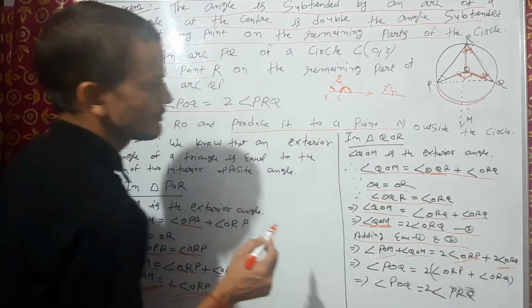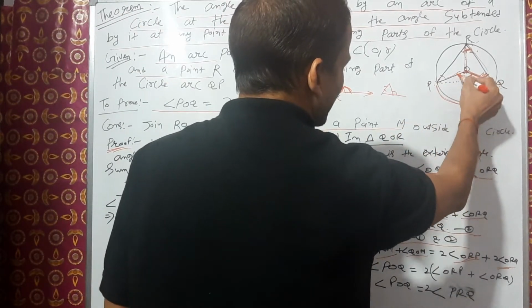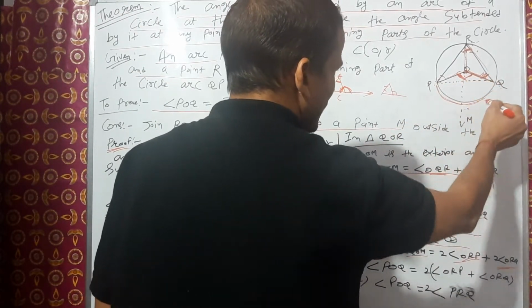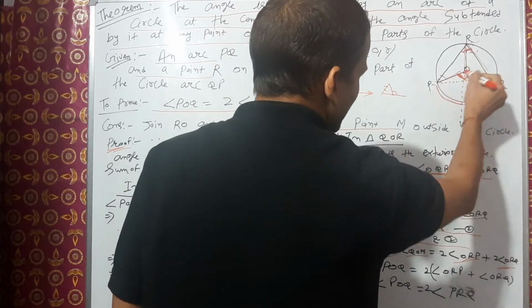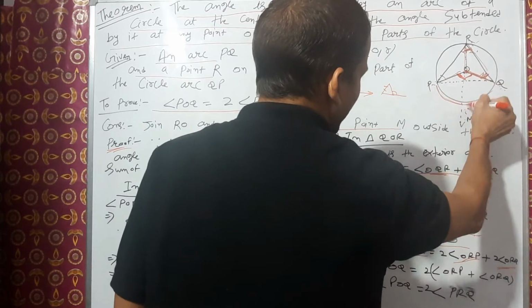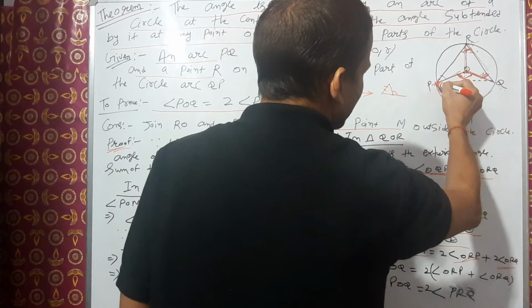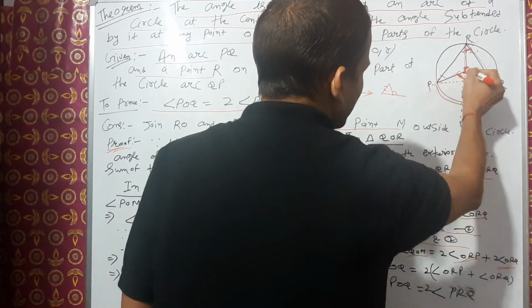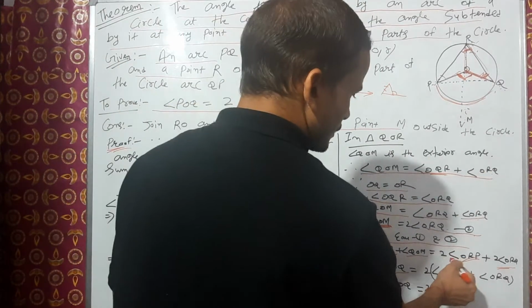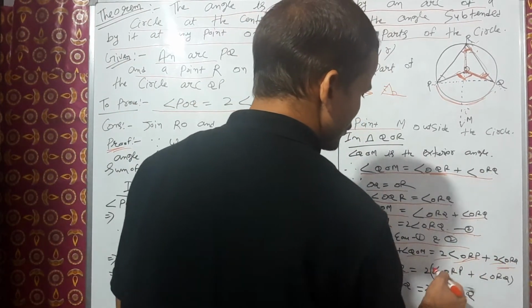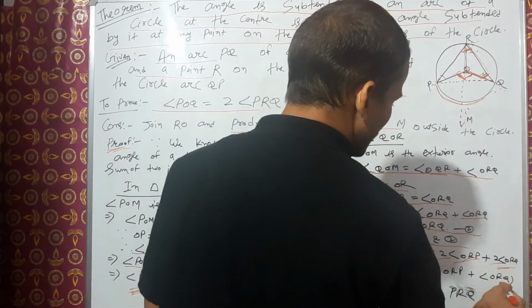When we see the figure carefully, POM, this angle, and QOM, this angle, add up with the help of the figure to give POQ. On the right side, we take 2 common, since angle ORP is equal to ORQ.